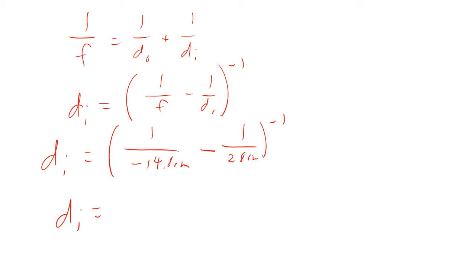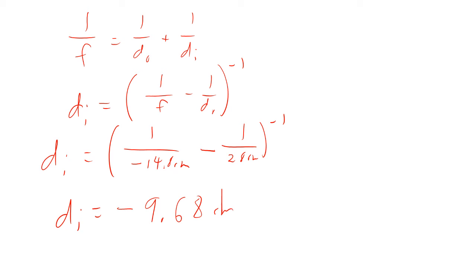So d_i equals, and you notice right away, we have negative and negative. What does that mean? Negative and negative means that the result has got to be negative. And so that means that the image, for a convex mirror, is always going to be a negative number. And so it's always going to be a virtual image.